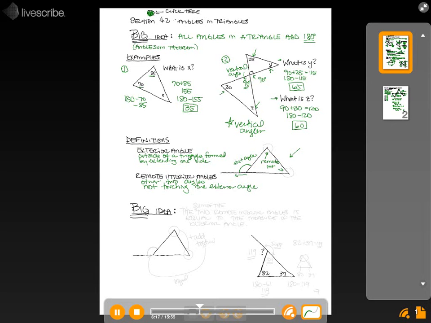Okay, they aren't touching. Let's circle them too. We've got arrows pointing at them when we've got them circled. They aren't touching that exterior angle. Okay, so the exterior angle's outside, and then the remote interior ones are the two angles that aren't touching that exterior angle. Okay, now we've got a big idea.